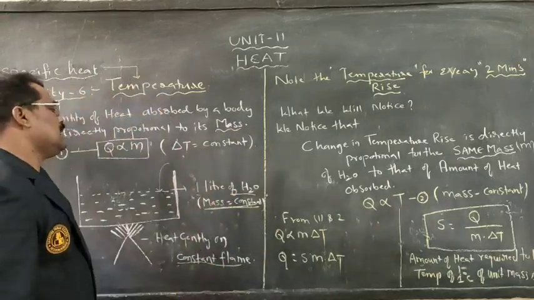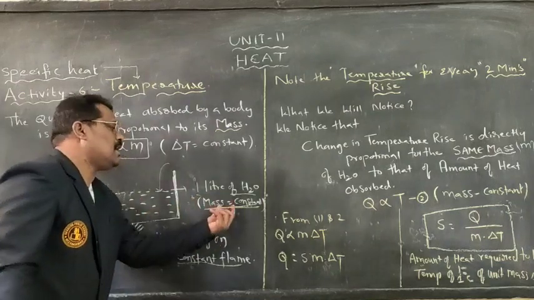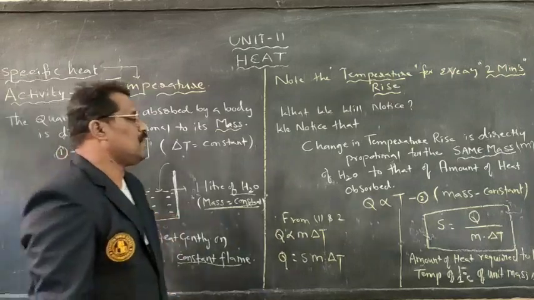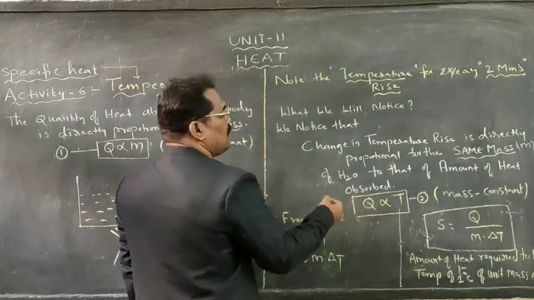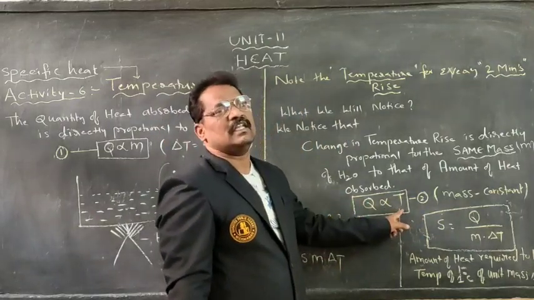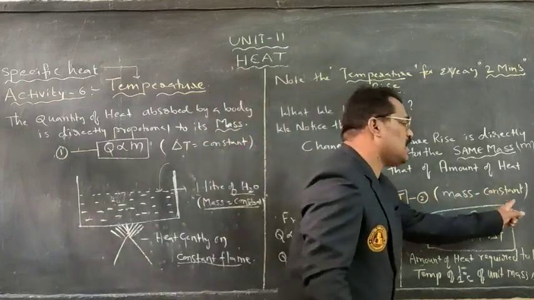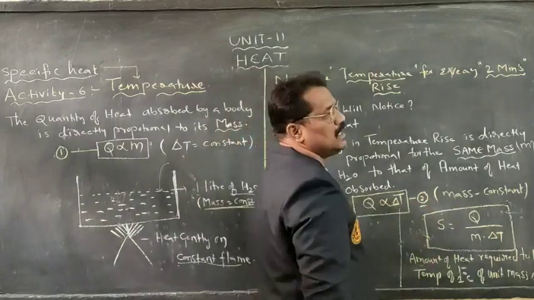Rising temperature is directly proportional to the amount of heat absorbed by the same quantity of mass. Therefore, we frame a relation: the amount of heat absorbed by a body is directly proportional to the change in its temperature, where mass remains constant. This is considered the second relation.